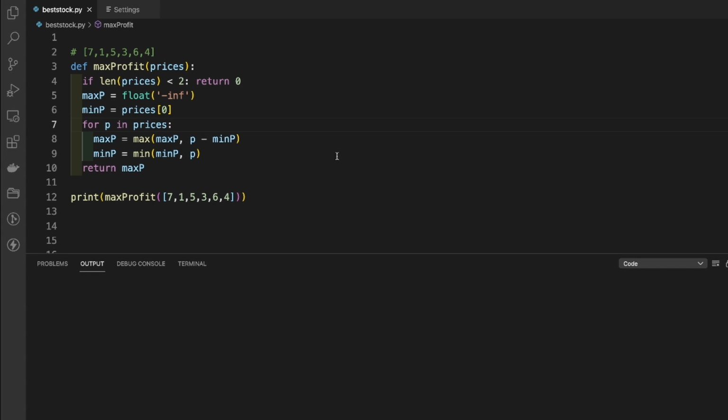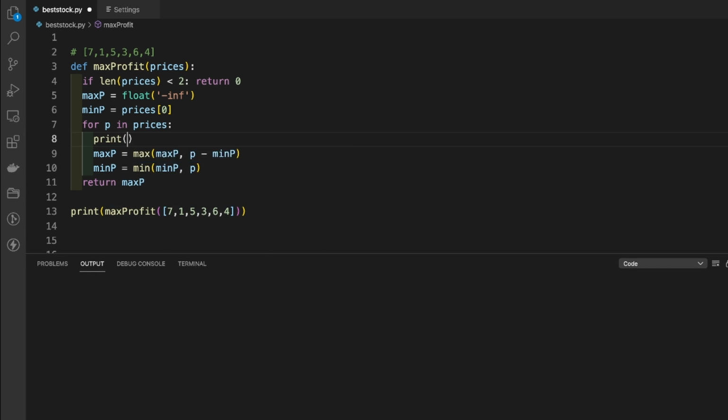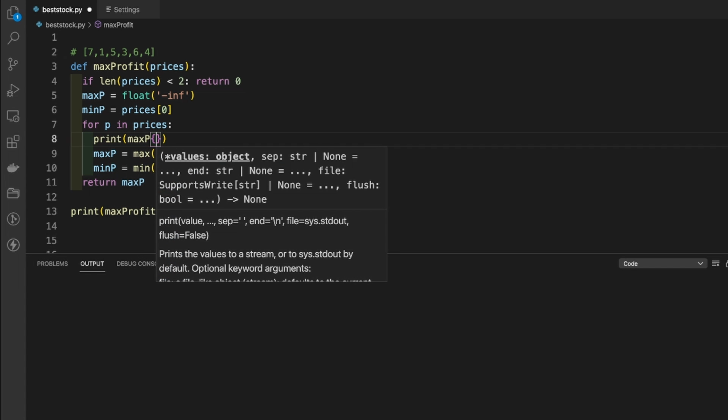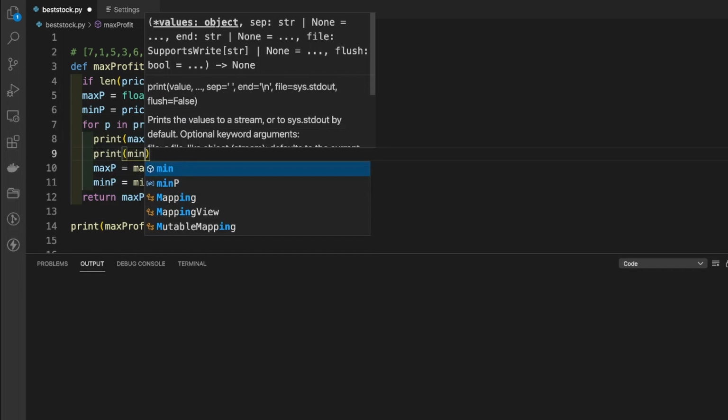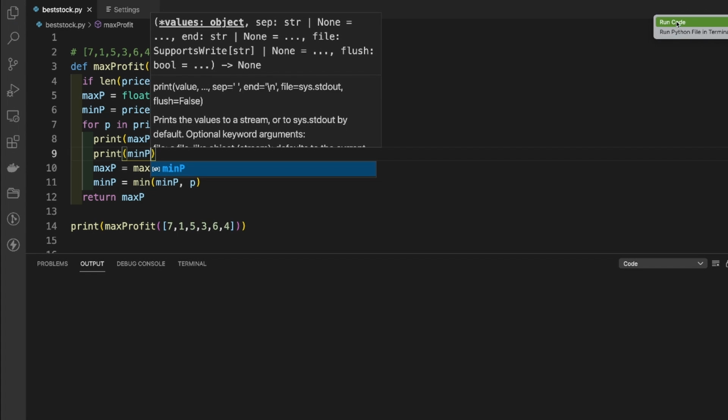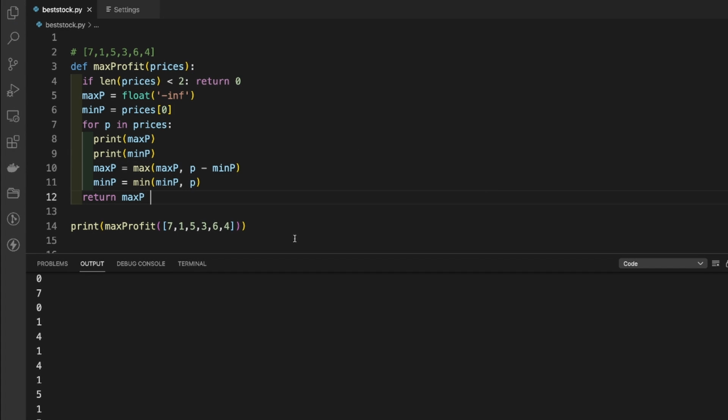But what also is cool is that if we add in some print statements in here, just so we can take a look at where it's going. So we add this print here, and this print min p, and we're going to run our code, and we can get rid of that. And as you can see, it starts off as negative infinity.